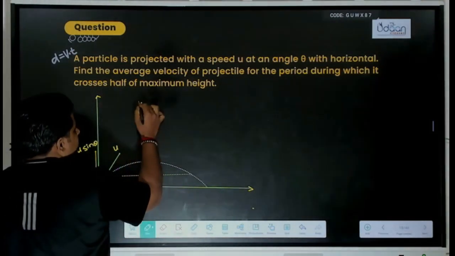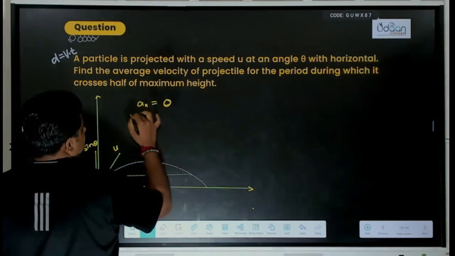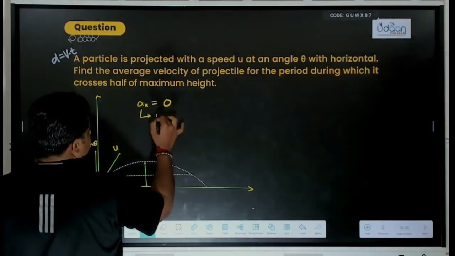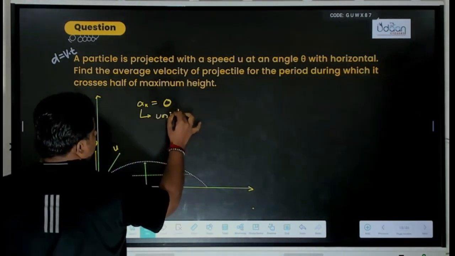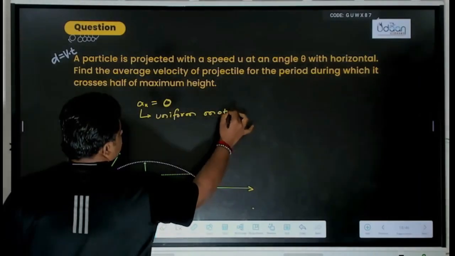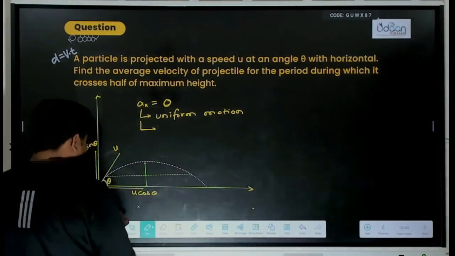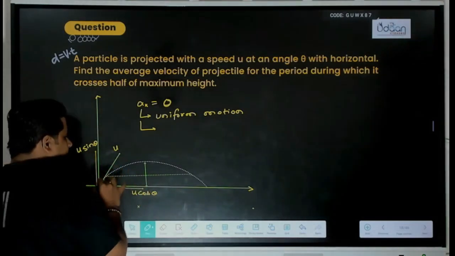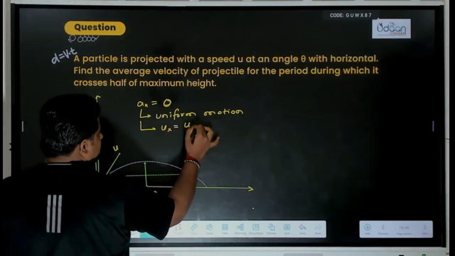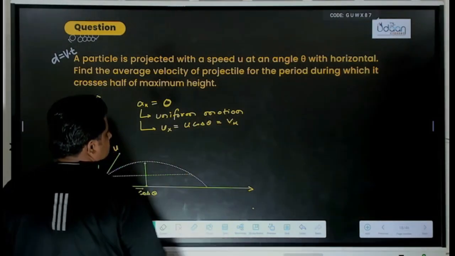On the x-axis it has been given that acceleration on the x-axis is 0. If acceleration on x-axis is 0, it means what? The motion is uniform. So if the motion is uniform, it means what? जो पहले का हाल है वही बाद का हाल है. Whatever the initial velocity is, it is u cos theta, and the same is the value of Vx.